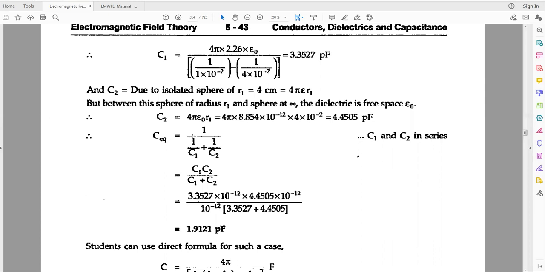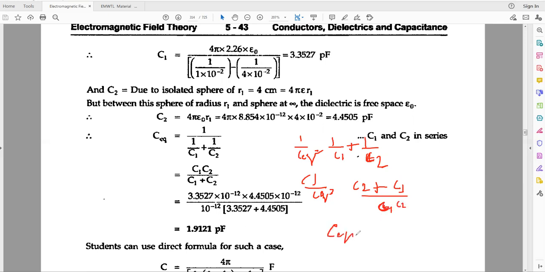Finally, I need the equivalent capacitance. The two capacitors are in series, so 1 by C equivalent is equal to 1 by C1 plus 1 by C2. This is the formula, so C equivalent is equal to C1 C2 by C1 plus C2.